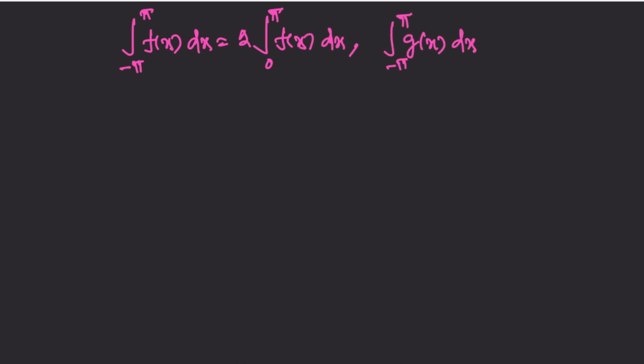If f of x is an even function, then the integration becomes 2 times the integral from 0 to pi of f of x dx, and if g of x is an odd function, then the integration becomes 0.